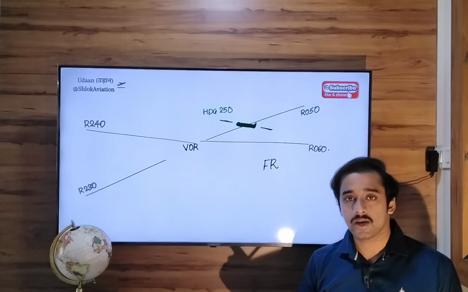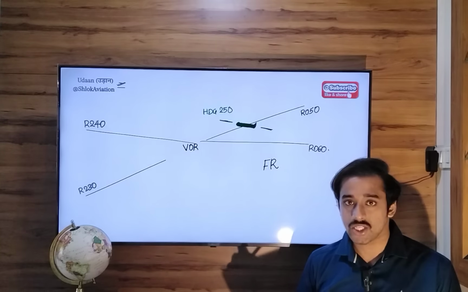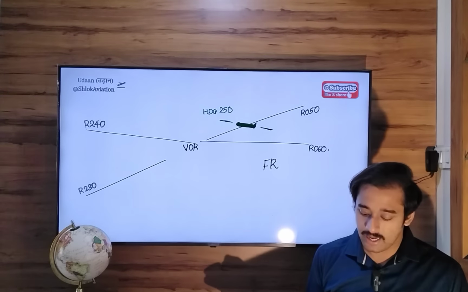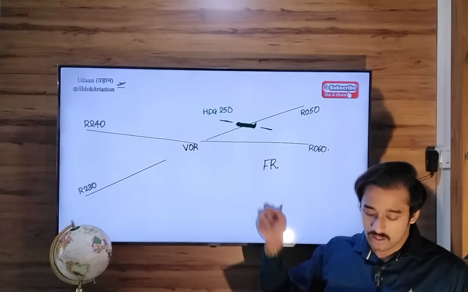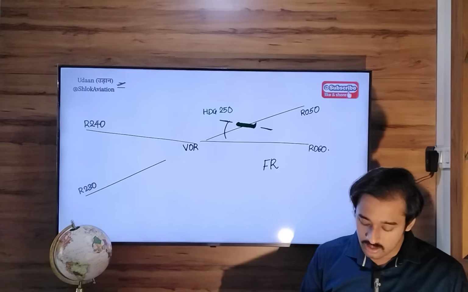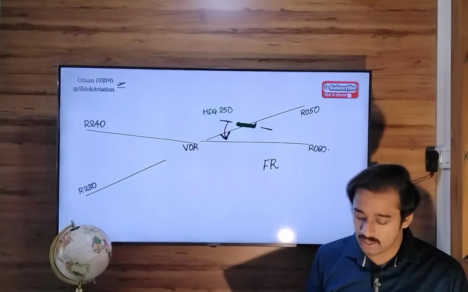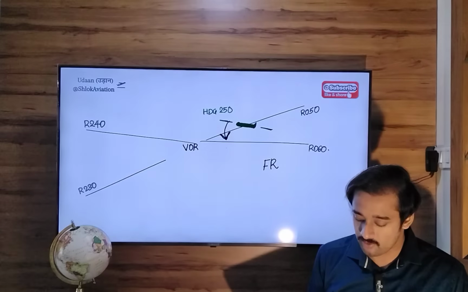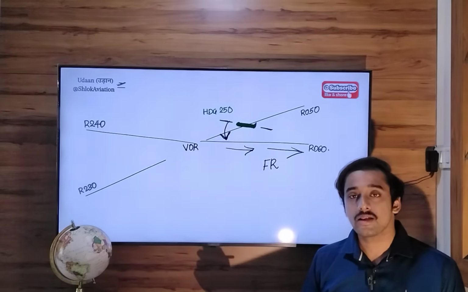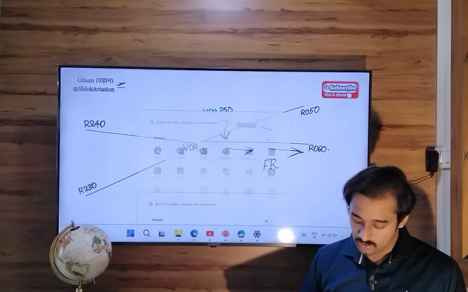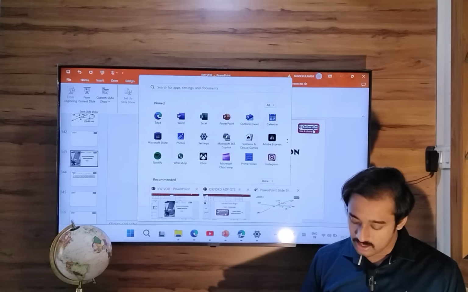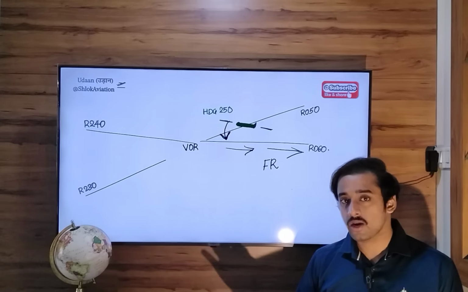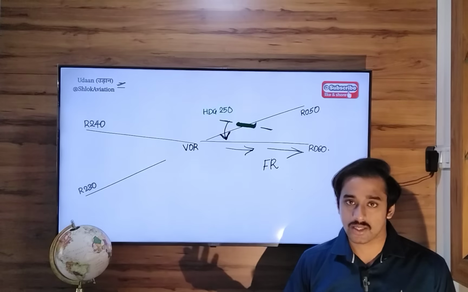The CDI indicator or OBS selector doesn't do that, but HSI does. So from the current aircraft heading 250, you want to go to 060, you will have to turn left in order to intercept 060 and fly outbound on radial 060. In case of HSI, there is no normal sensing or reverse sensing.